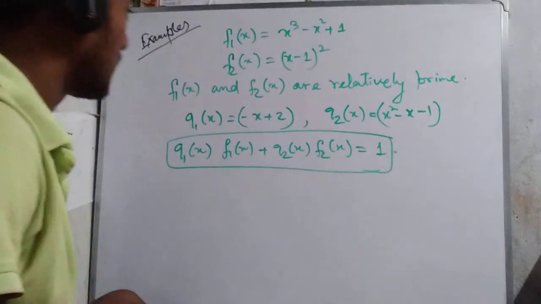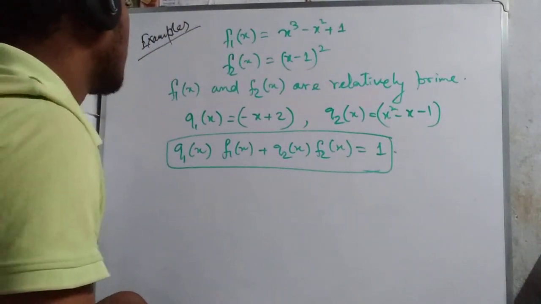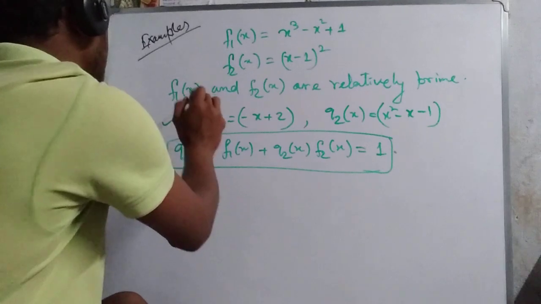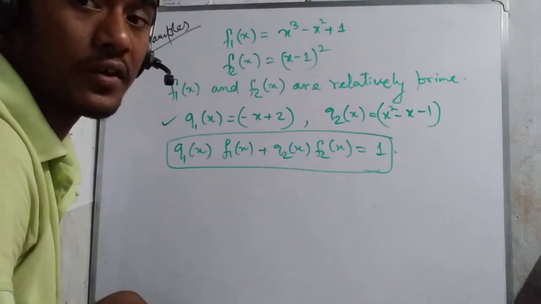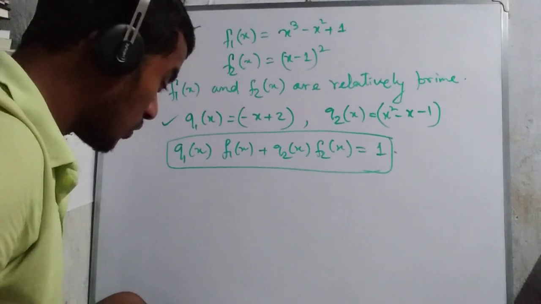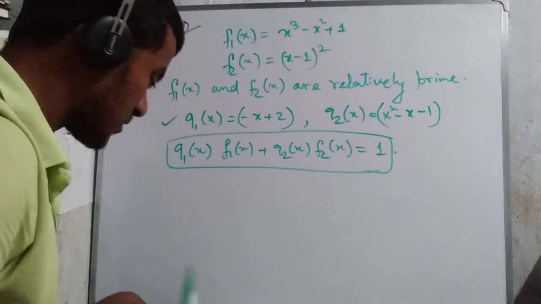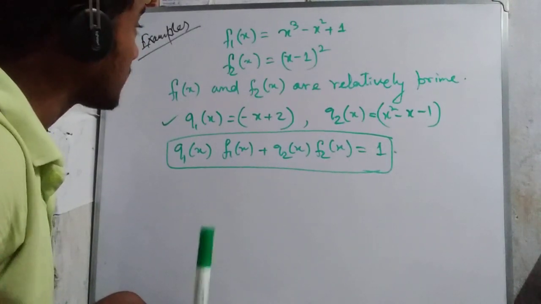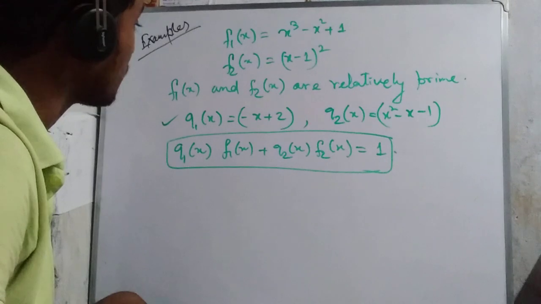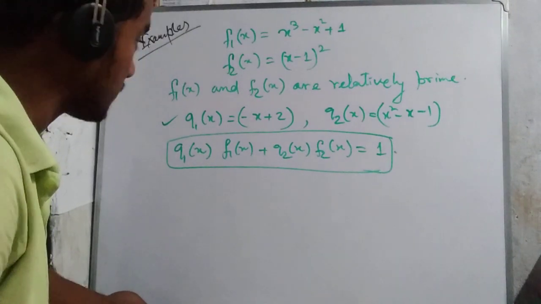That means if we construct any relatively prime polynomials, then we find two polynomials satisfying these conditions. This is just a simple example. If you are interested, we also take another simple example.